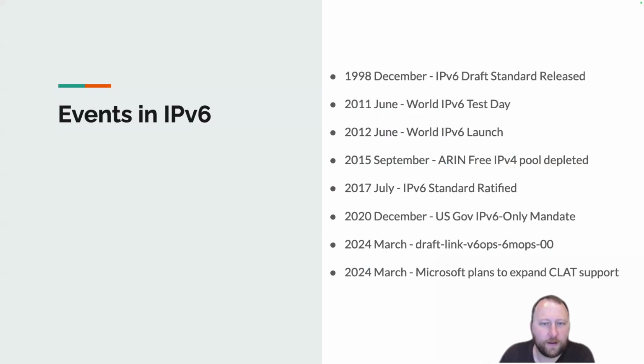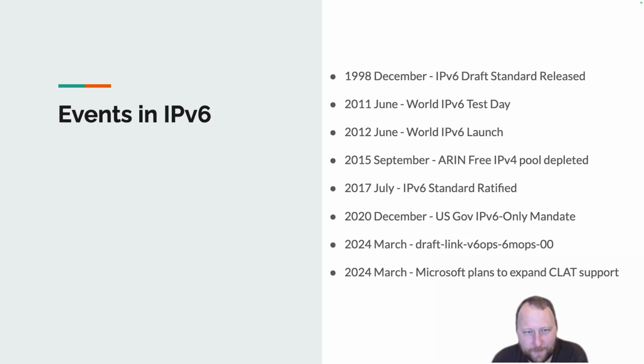I just like throwing this up there. I think a lot of people already know this, but IPv6 is not a new standard. Well, it's not a new draft standard anyway. 1998 was the first draft of IPv6, and in 2010 we had a couple of IPv6 launch events where some major cloud providers enabled IPv6 on their main websites, and they were largely non-events.